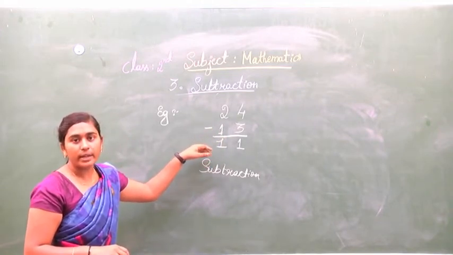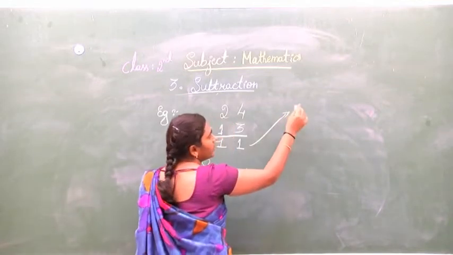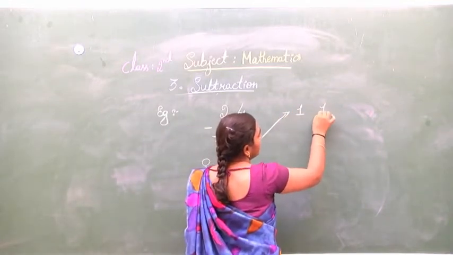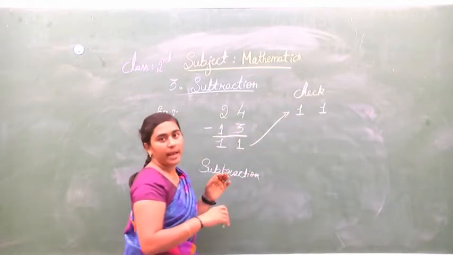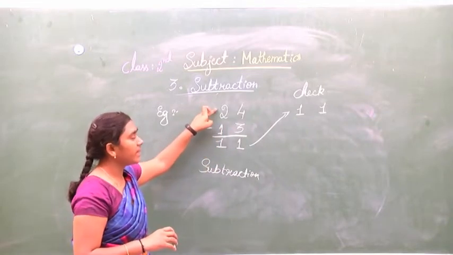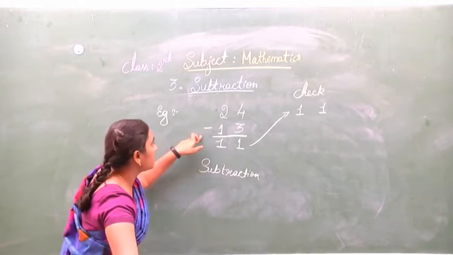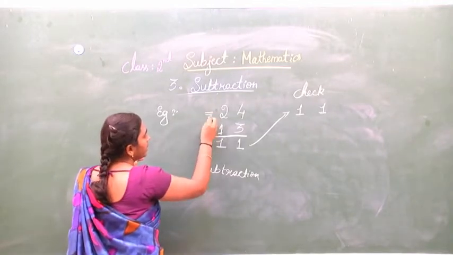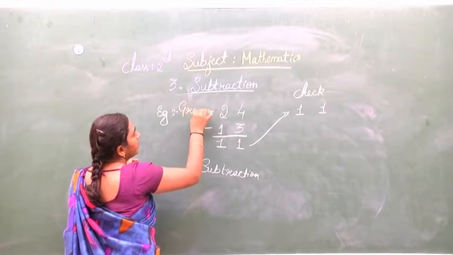How do we connect or relate it to addition? First, we will write the answer, 11. Here, this is the greater number, and this is the smaller number, and this is the answer.